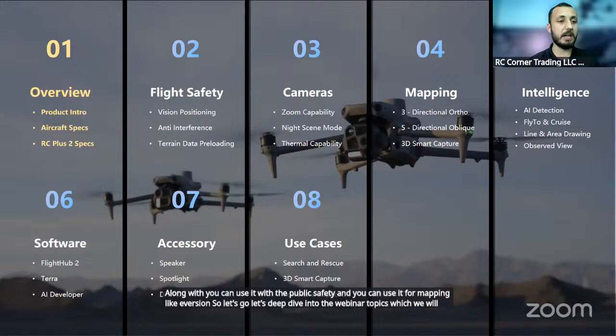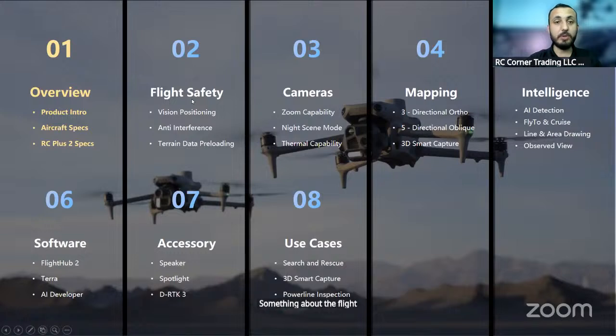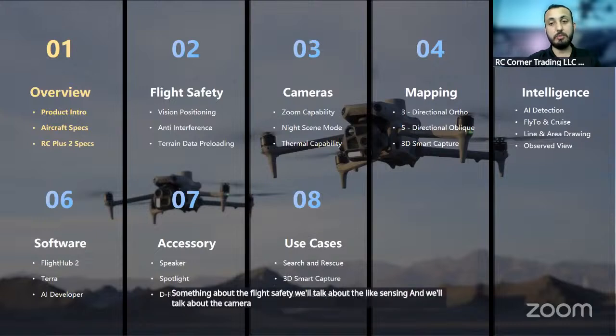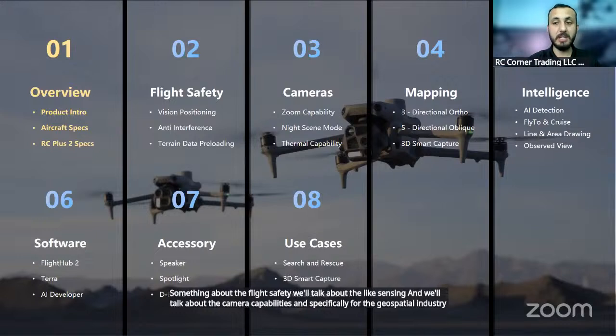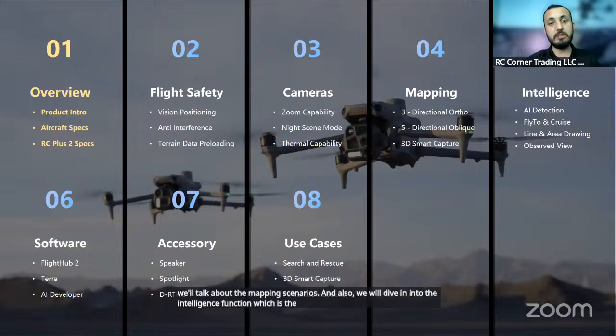Today we'll talk about the overview, like a product introduction, something about flight safety. We'll talk about sensing and camera capabilities, and specifically for the geospatial industry, we'll talk about the mapping scenarios. Also we will dive into the intelligence function, which is the core feature of this drone, and the future.